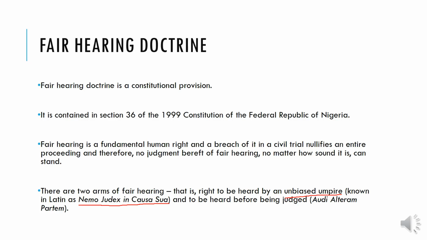Nemo judex in causa sua means nobody can be a judge in his own case or in his own cause. If the judge has personal interest in that case, the judge is going to give a judgment that favors that judge, and that will be contrary to the rule of fair hearing. That means somebody has been helped to take undue advantage of the other.